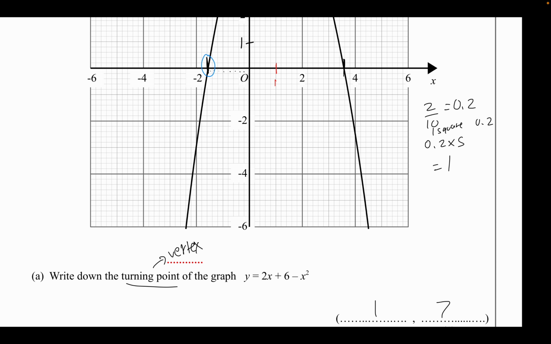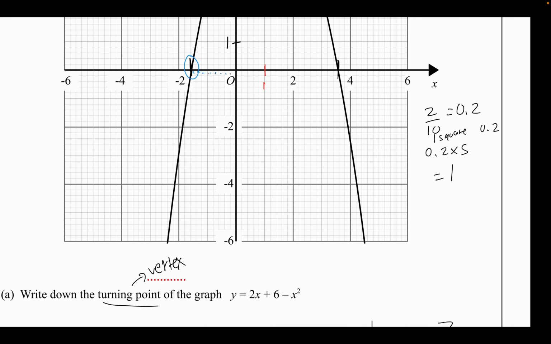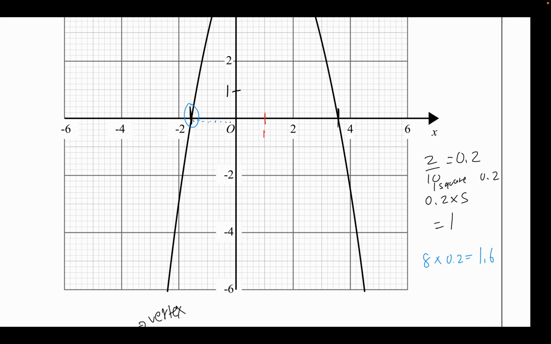So to find this value here, we know each square is 0.2, and here there are roughly, if you zoom in carefully, 1 2 3 4 5 6 7 8 squares. So it's 8 times 0.2, which gives you 1.6. So this is going to be your x value, 1.6 comma 0.